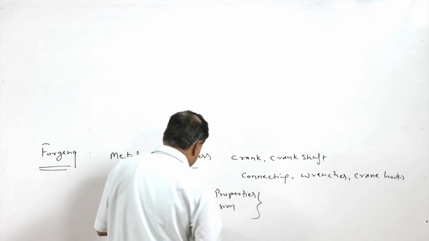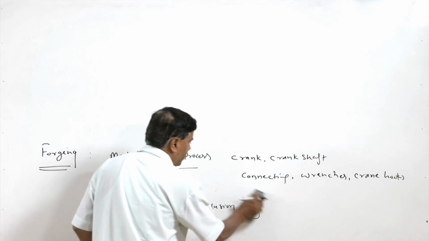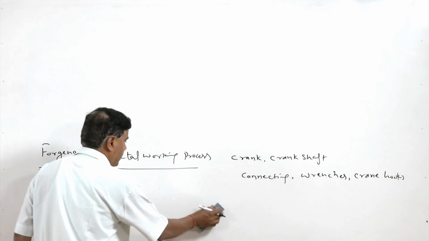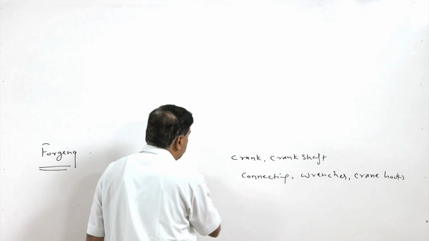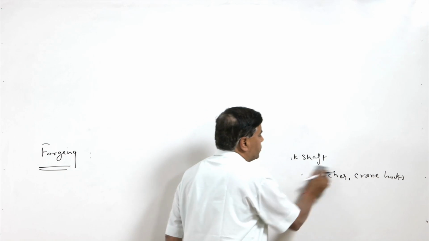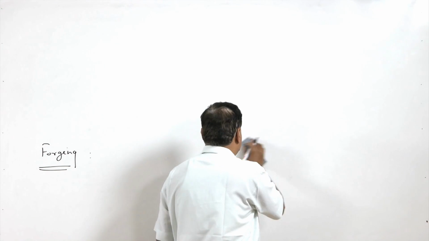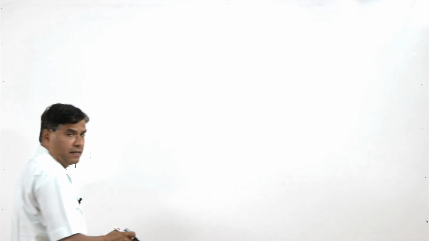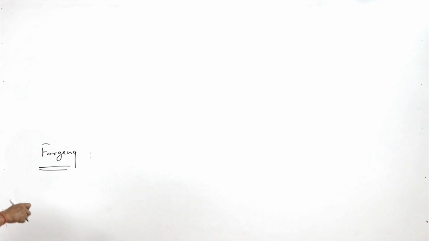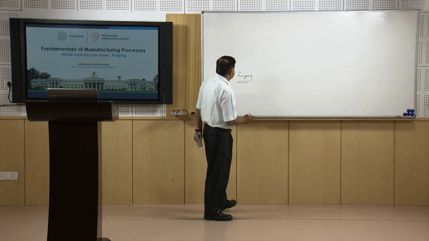So, it improves the density and the soundness of the products made by the forging process. We will first go through the basic approaches used in the forging process, and thereafter we will talk about the different types.